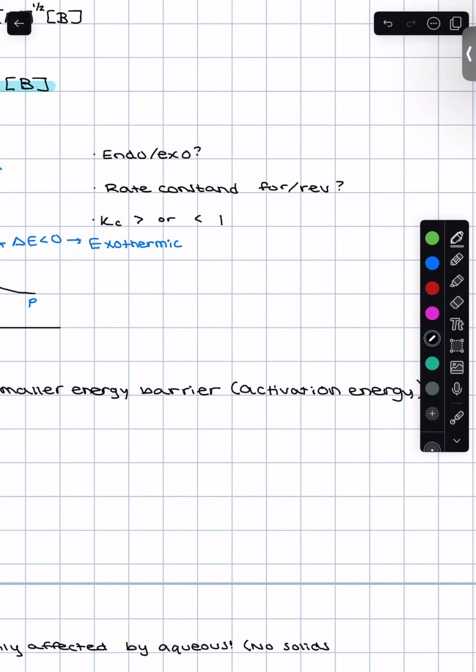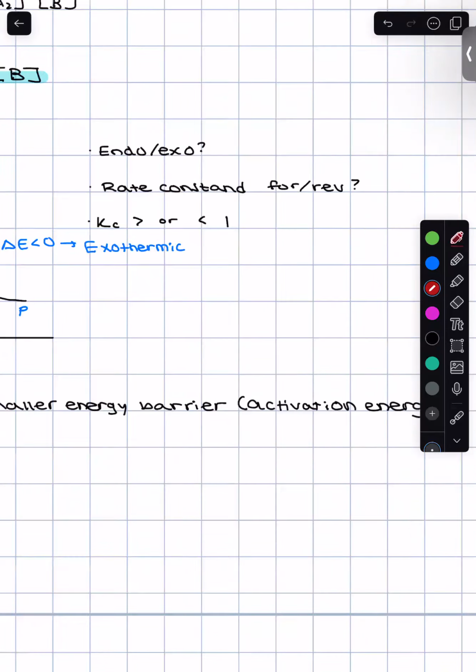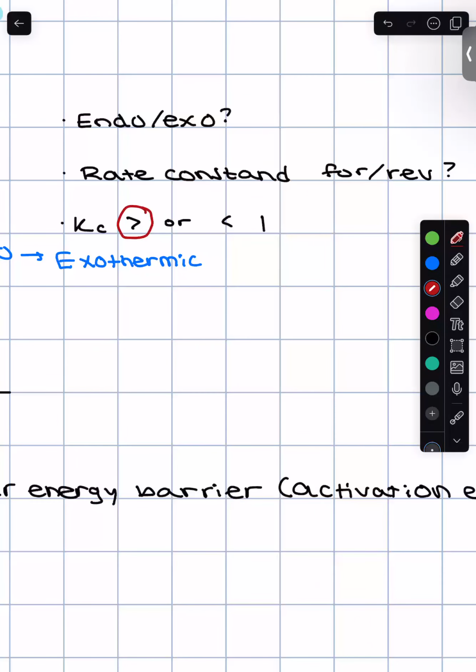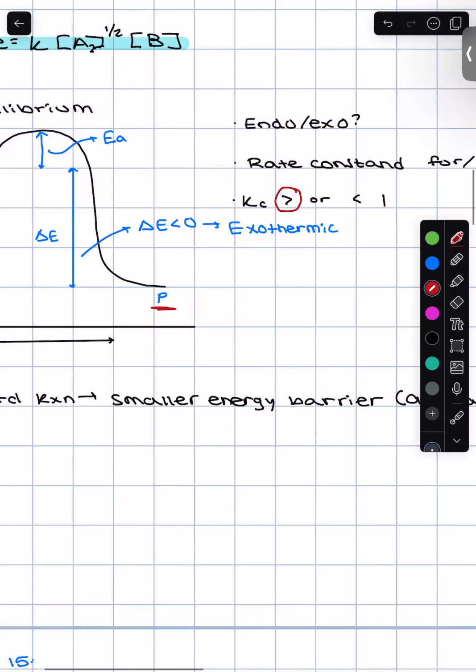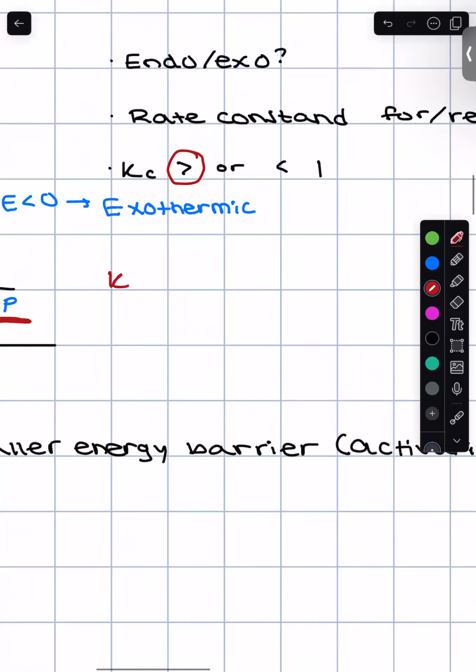Yeah, so Braden got it in the comments, it's a lot greater. The reason for that is if our forward reaction is predominating at equilibrium, you're going to have a lot more product. And remember, our expression for Kc is equal to the concentration of products over the concentration of reactants.